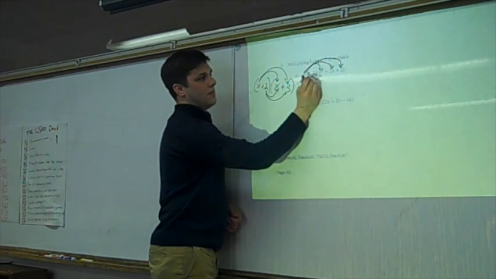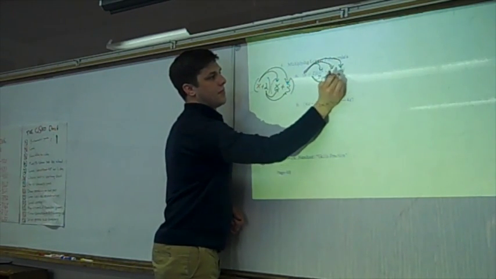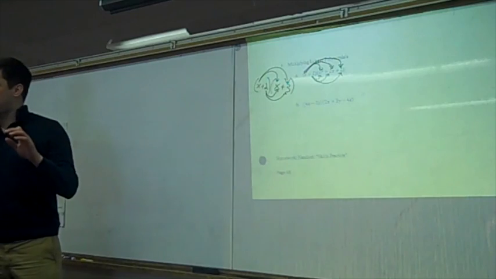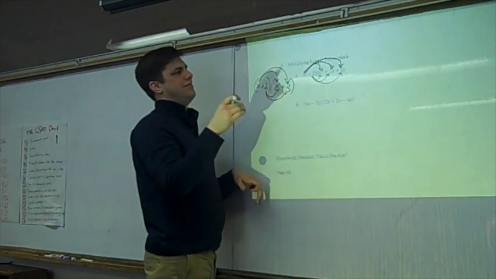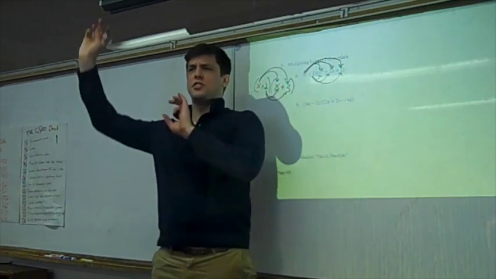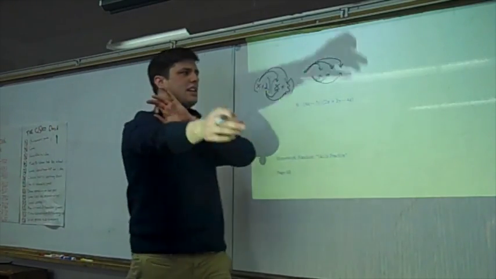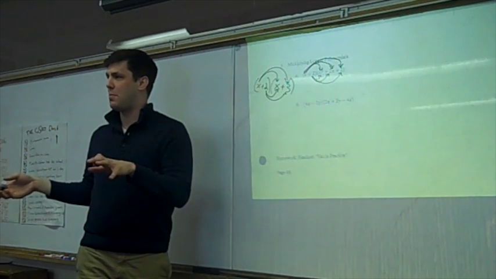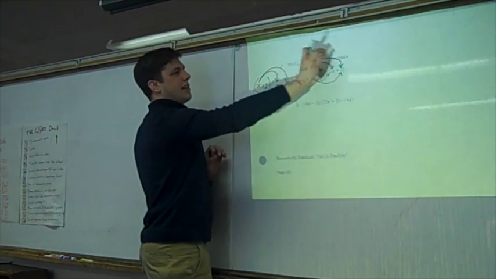Yep. The way I see it is you draw two rainbows on top. That's a weird way of thinking about it, but that's what I see when I see these lines.